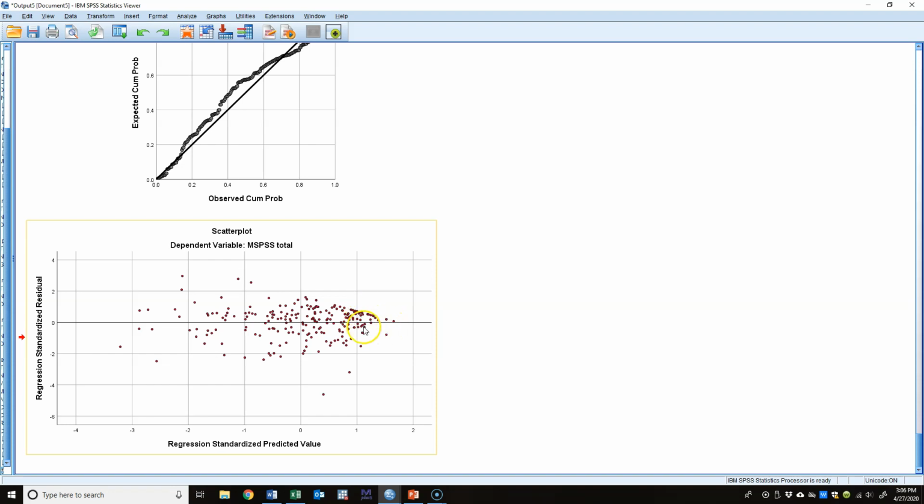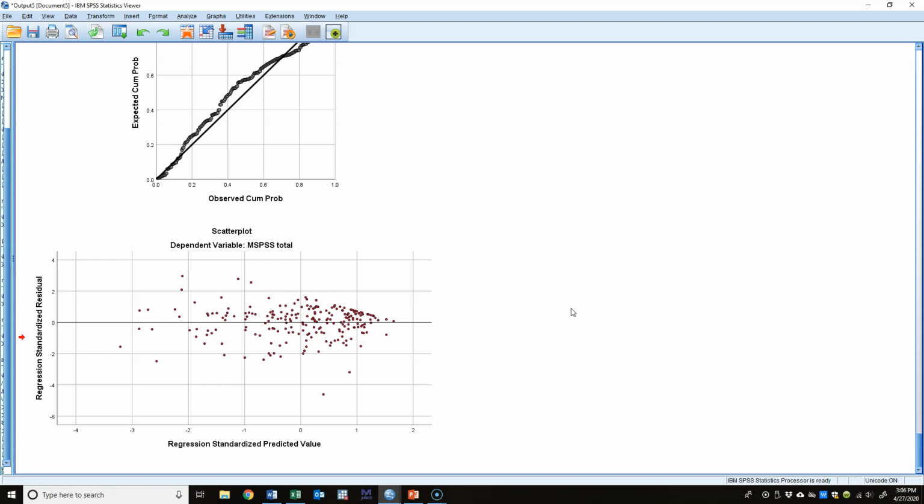If I take a look at variability at values just above a standardized score of 1, I'm seeing a lot less variability here and through some of these values, or even in the body here, which suggests that I might have some potential problem with heteroskedasticity of my residuals.